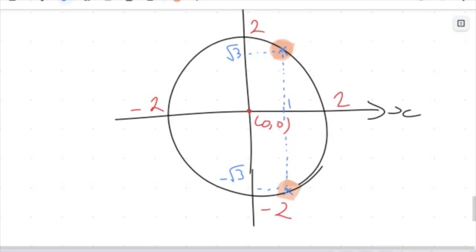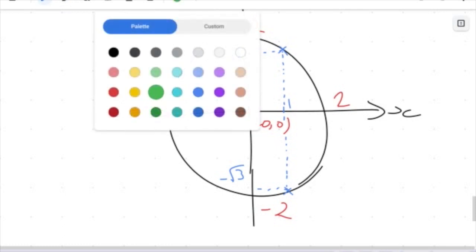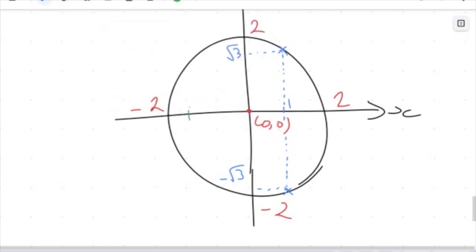There's this one-to-one idea. I put one thing in, I get one thing out. In this case, however, I'm putting in one value of x and I'm getting 2 values of y. I can do the same thing here. One value of x gives me 2 values of y.